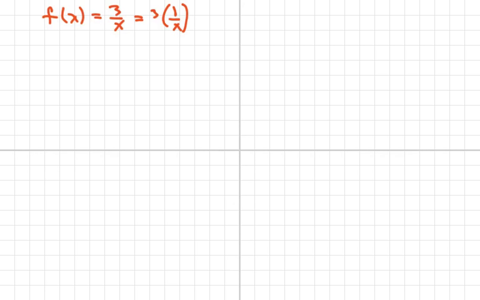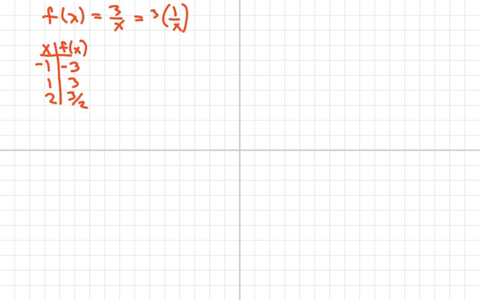I'm just going to use some key points here. Before, negative 1 went to negative 1, and we multiply it by 3, so that goes to negative 3. 0 is still undefined. 1 is going to go to 3. And 2 is going to go to 3/2.